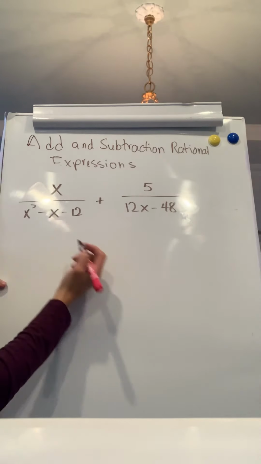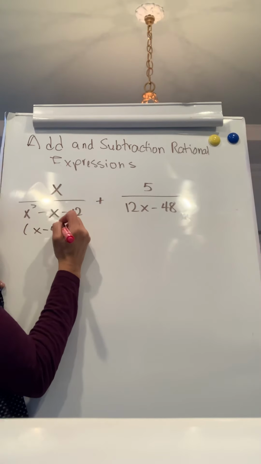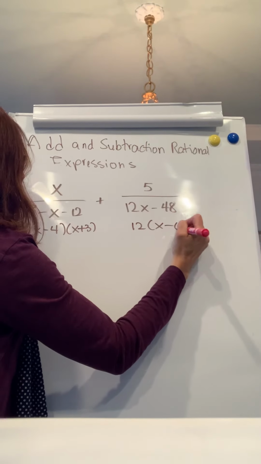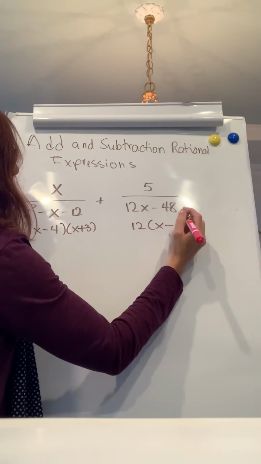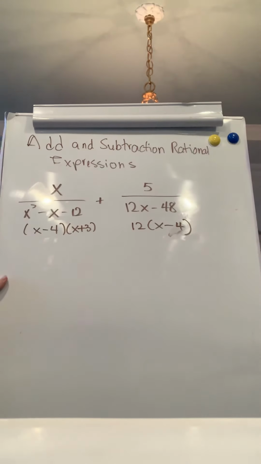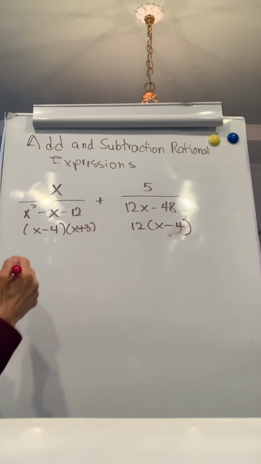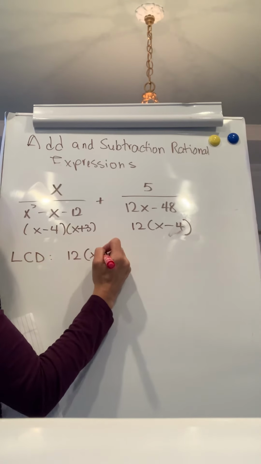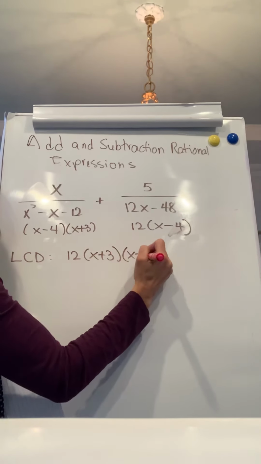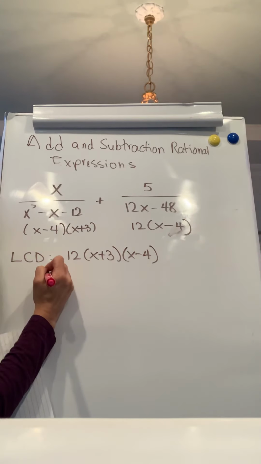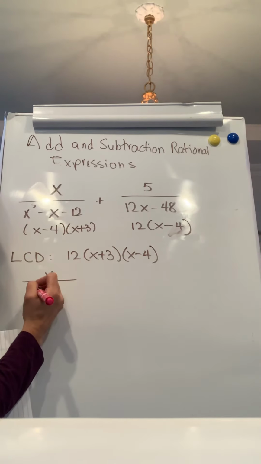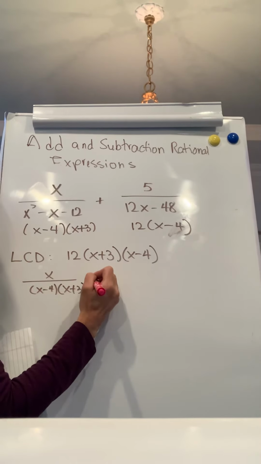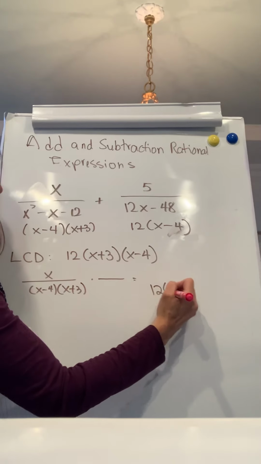All right, so I'm going to factor here. So my least common denominator is going to be 12 times x plus 3, x minus 4. What do I want to multiply that by to get this?